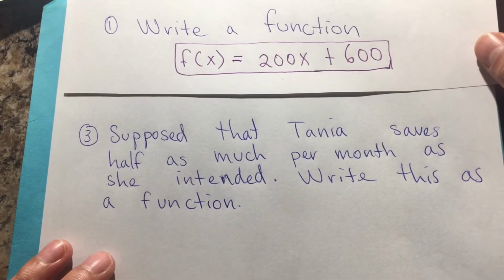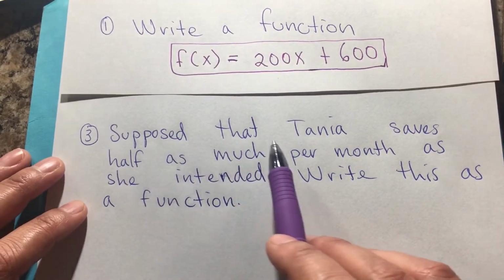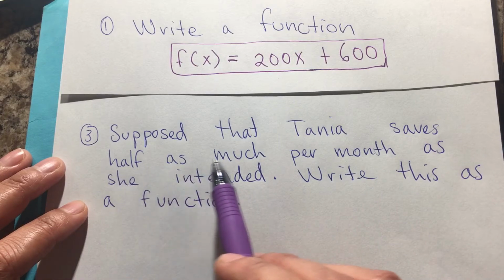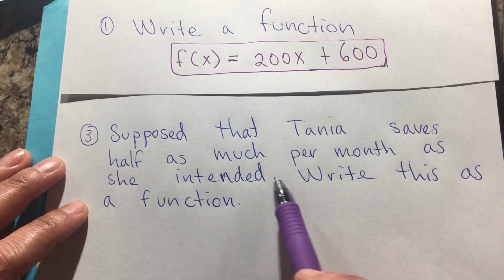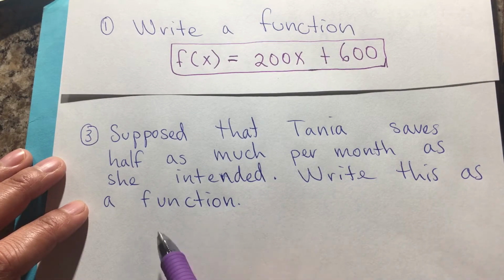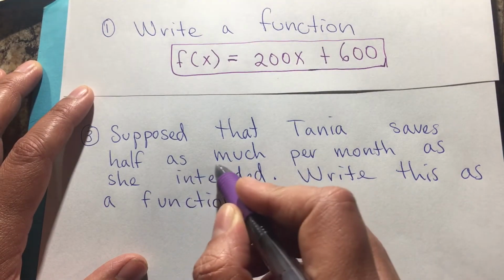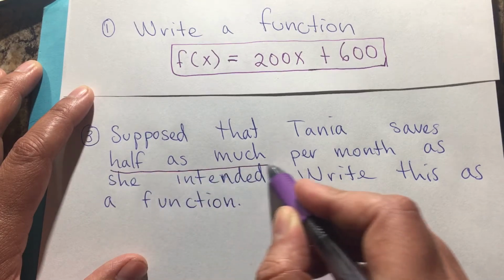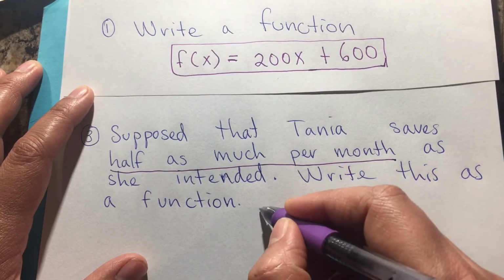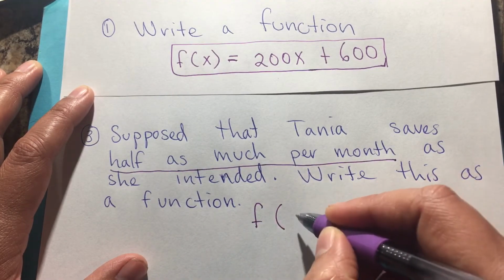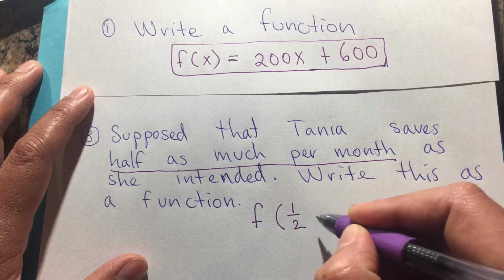For the next one, it says, suppose that Tanya saves half as much per month as she intended. Write this as a function. Again, it says half as much per month. That's going to be f of 1/2 x.